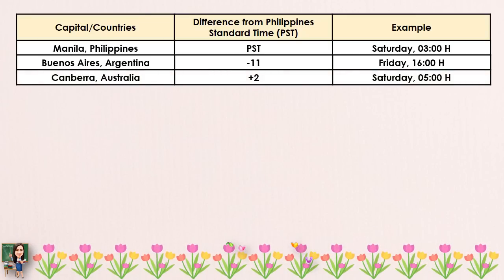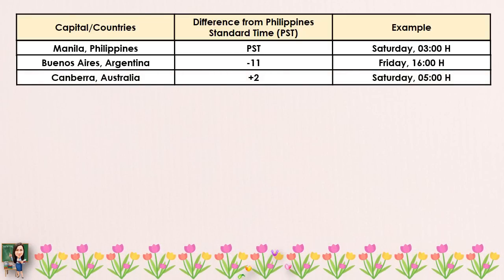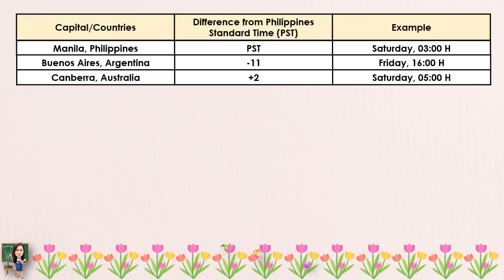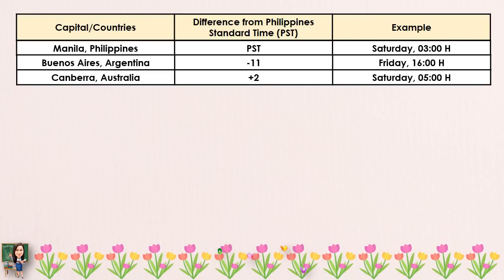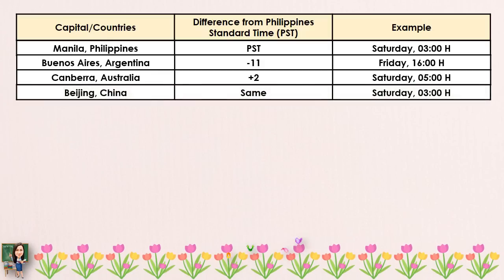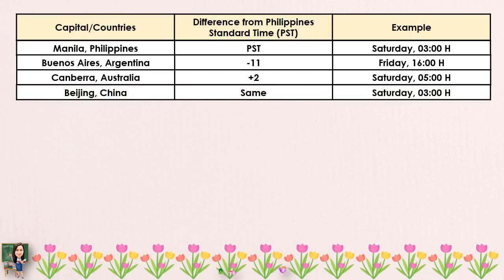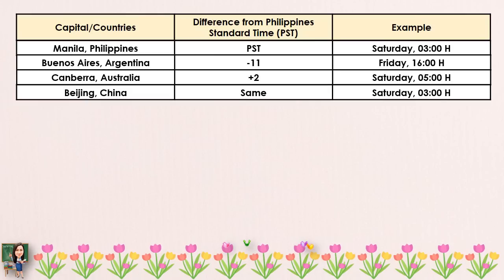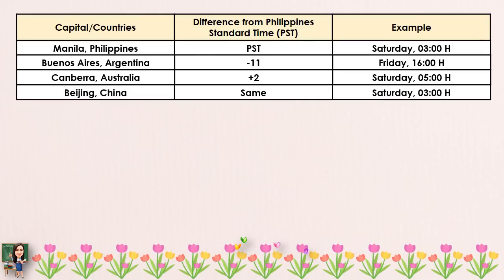That is +2, or they are ahead by 2 hours. The day is Saturday and they are ahead by 2 hours, so that is 500 hours. Next, Beijing, China. Our times are the same. Their time is also Saturday, 300 hours.